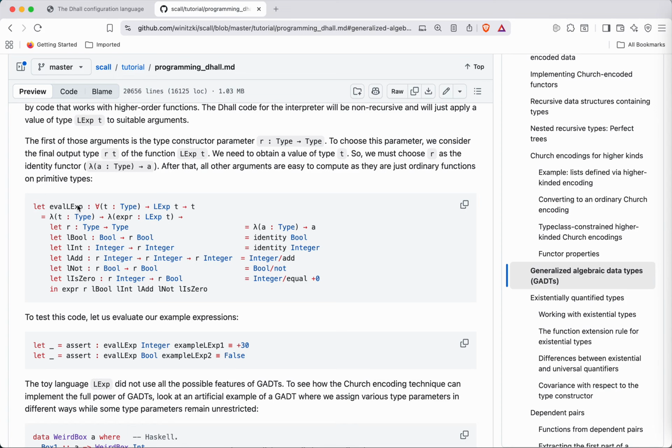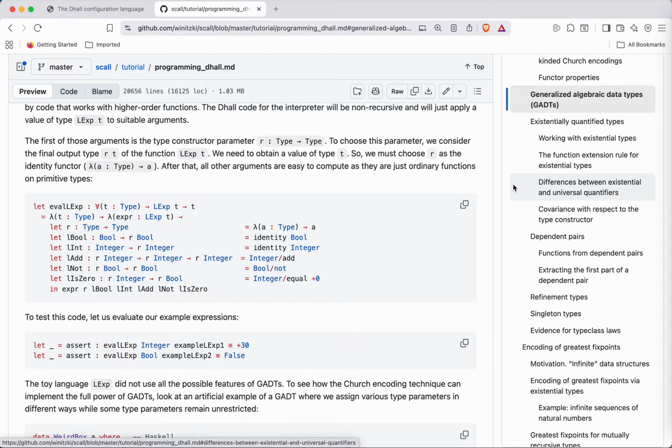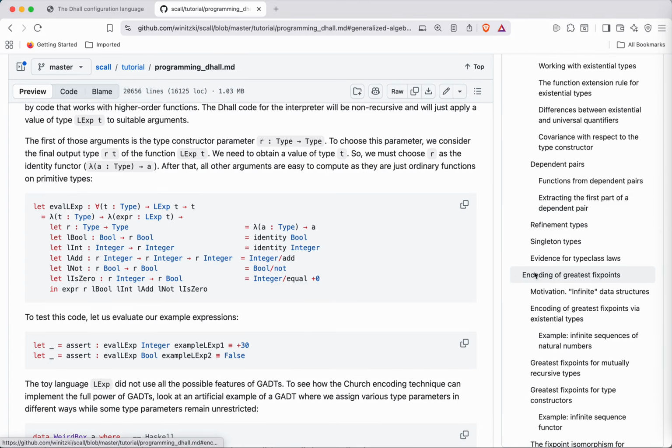And I show how to evaluate this domain-specific language using this GADT. So certainly working with church encodings is harder than working with recursive types that are defined directly in a programming language, but it can be done.